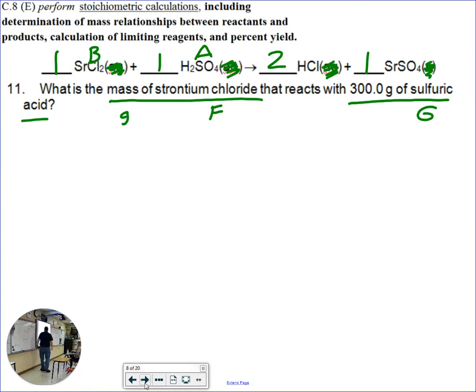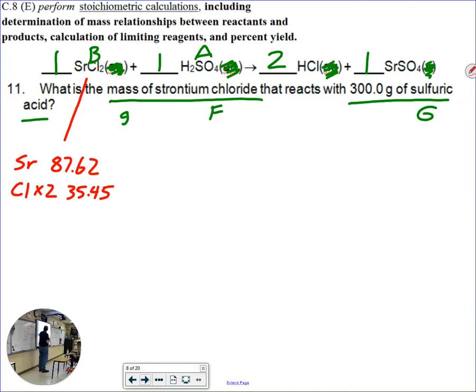Let's find what the mole mass is of SrCl2. I've got strontium, and I've got 2 chlorines. I'm going to have my periodic table here. Strontium's on the left. That's 87.62. Chlorine is 35.453. I'll just do 35.45.